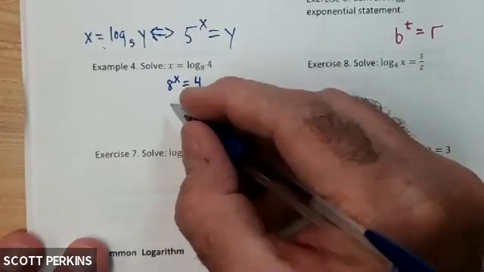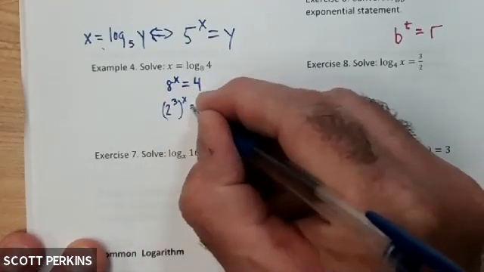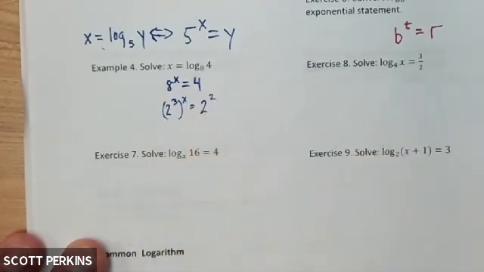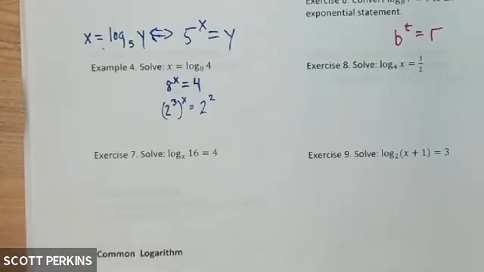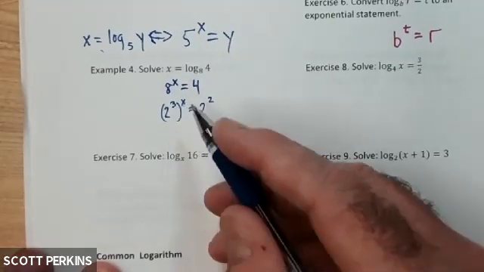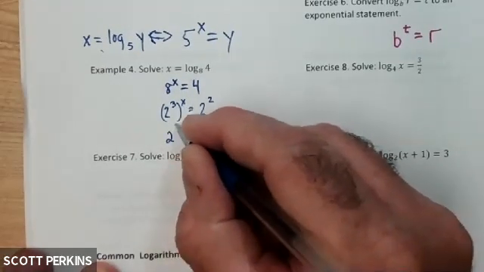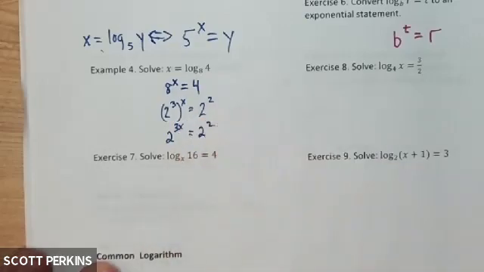So 8 is 2 to the 3rd power, and 4 is 2 to the 2nd power. We talked last time when we went through a whole bunch of these problems in class, and I'm hoping you're caught up with your homework. This is the power rule. I've got a power raised to another power. So what that is on the left is 2 to the 3x power. On the right, it's 2 to the 2nd power.